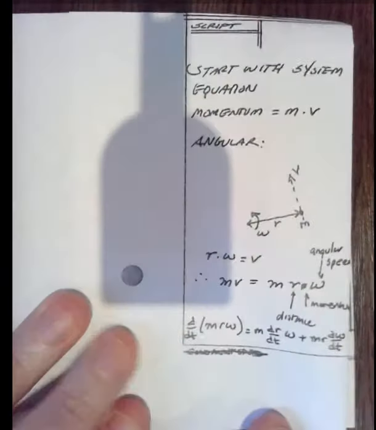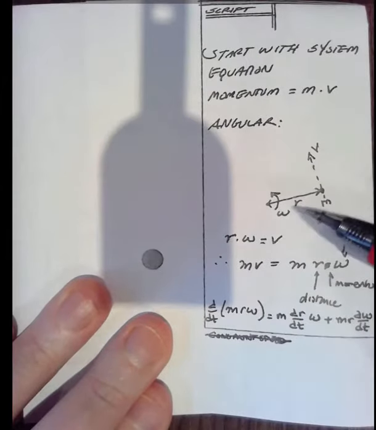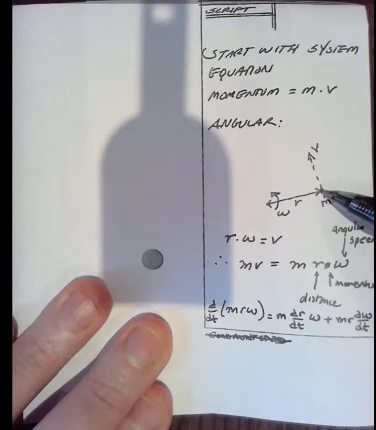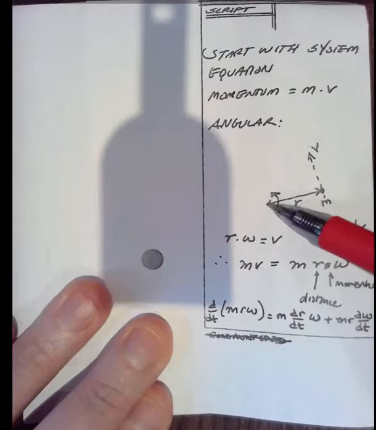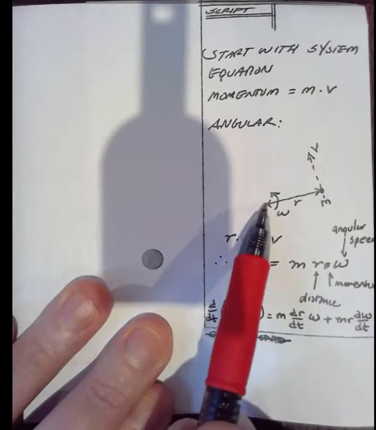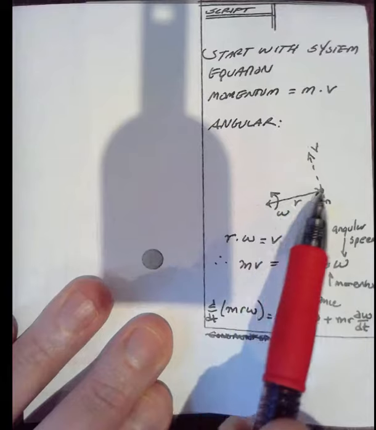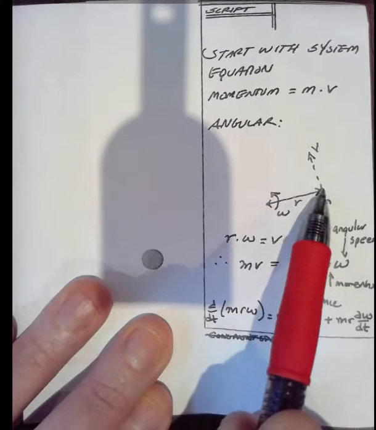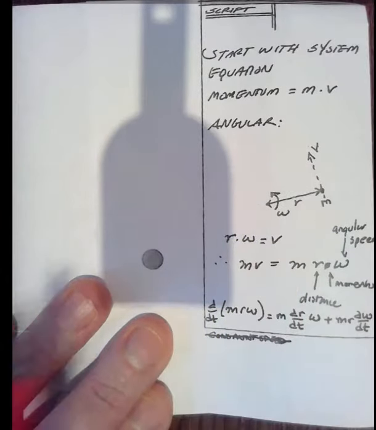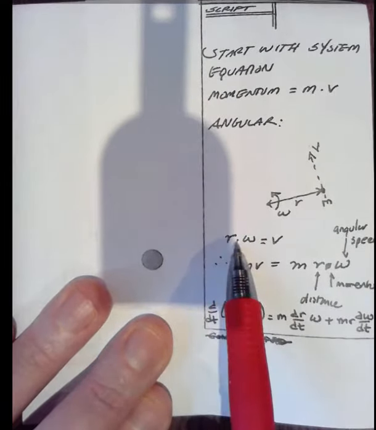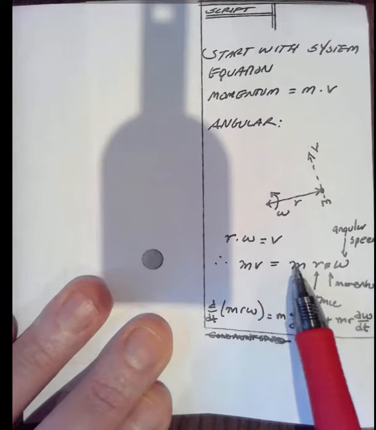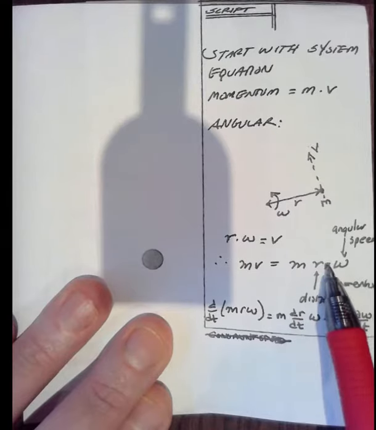Just a quick reminder of some ideas. Remember back in ordinary mechanics, this is the mass, and it has some velocity headed that way, and we have some point of rotation, then the lever arm multiplied by the velocity gives us the angular rotation. We have r times omega is the velocity. The mass times the velocity is the mass times r times omega.